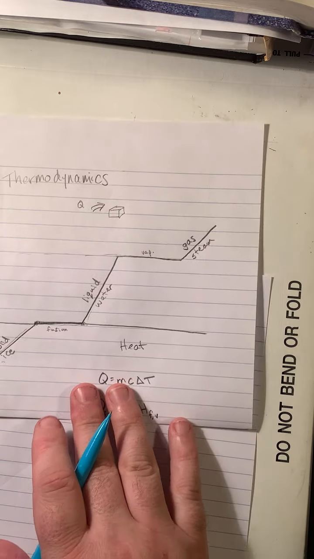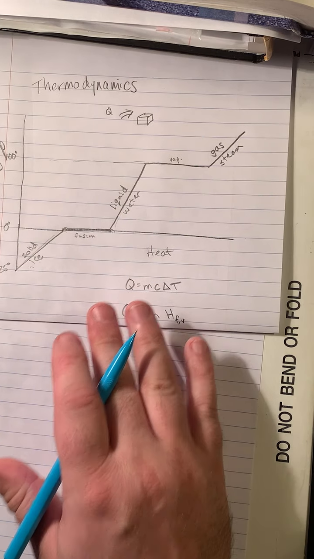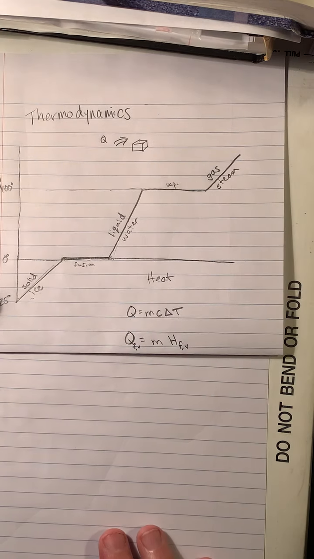This should be a little bit familiar from last year, so I'm going to speed through this a little bit quicker. And I'll leave the graph up, as much as you can see, and then we'll write the problem down here.